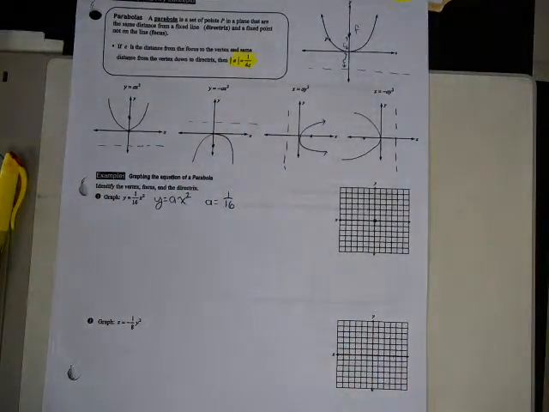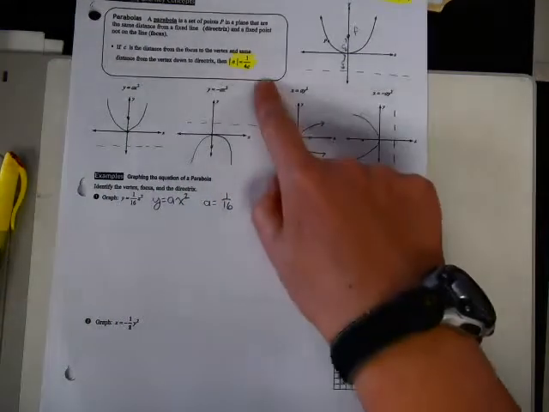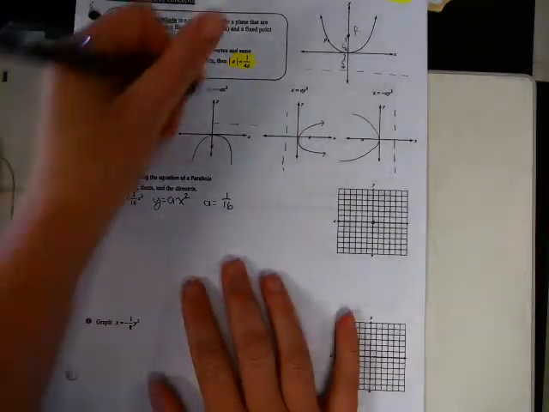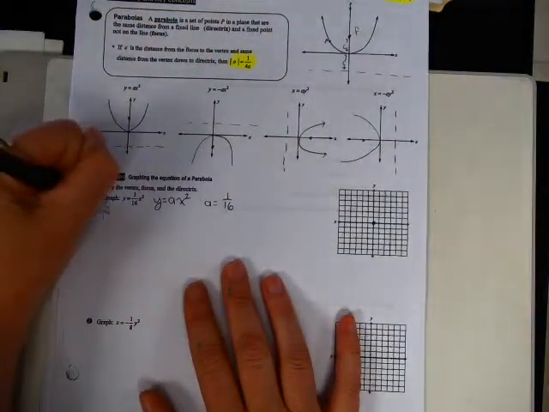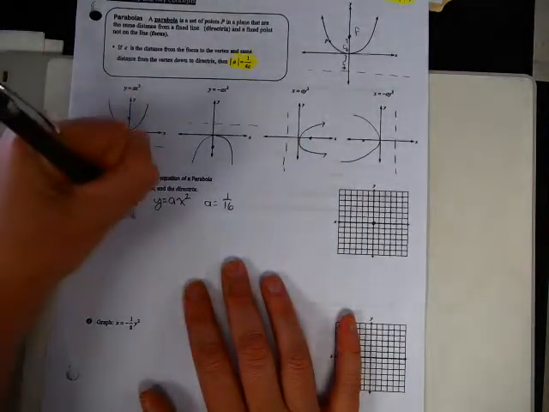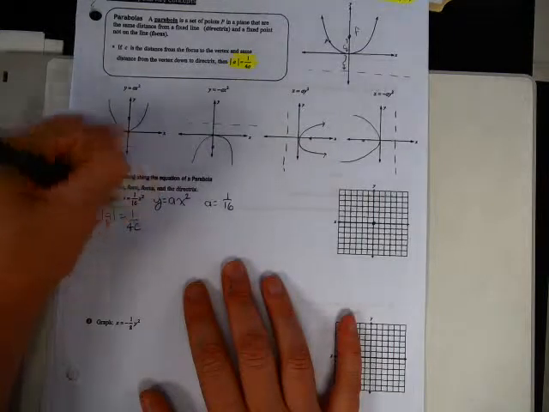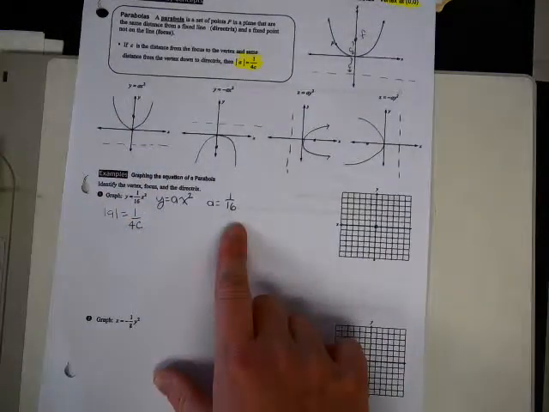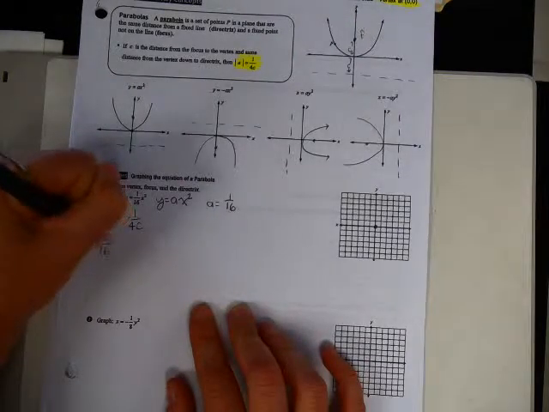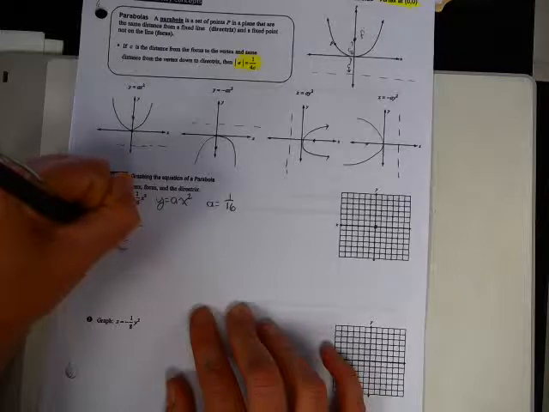Now, to find my focus, I'm going to use this equation and find c. So first I'll just write the formula. Absolute value of a equals 1 over 4c. And remember we have that a equals 1 over 16. So I have 1 over 16 equals 1 over 4c.